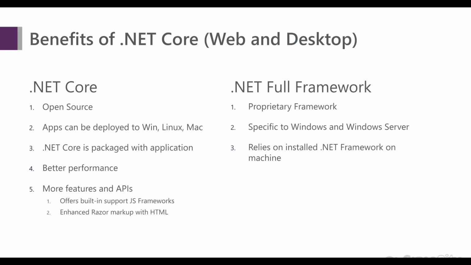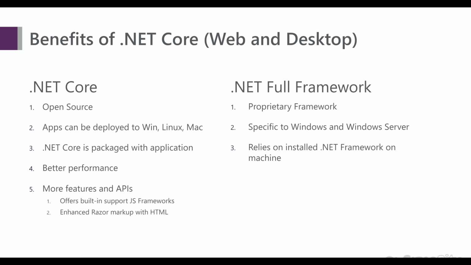Now, beyond all of this, .NET Core also offers much better performance. It offers several built-in features, for example, JavaScript framework support and enhanced Razor markup with HTML. So there's a lot of features that .NET Core offers, and it is the future of .NET development. And we're glad to have ActiveReports at the forefront of this new feature.